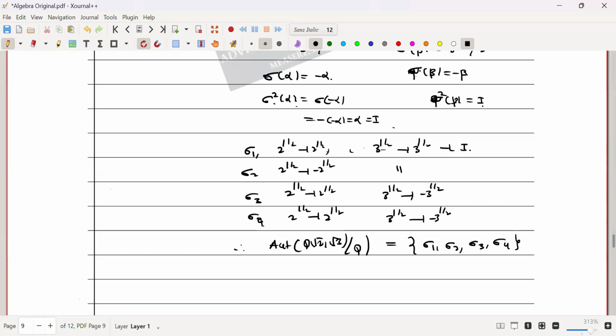This one is the identity. If we square, we get identity: sigma 2 square equals identity, sigma 3 square is also equal to identity, and sigma 4 square is also equal to identity.